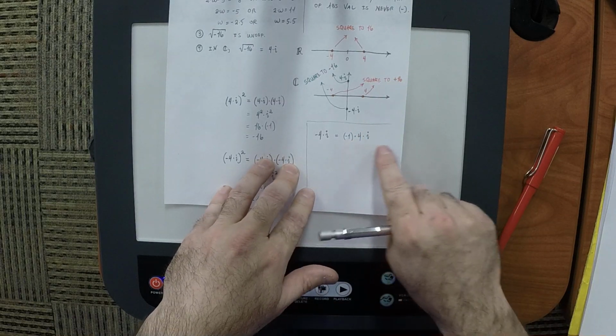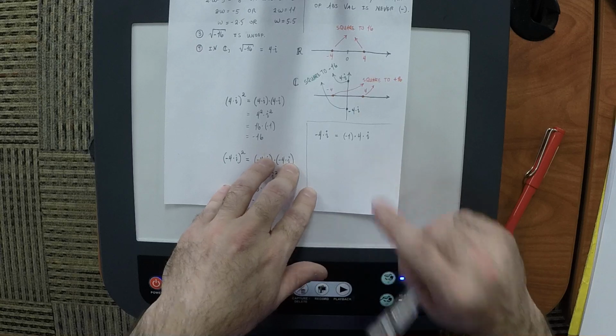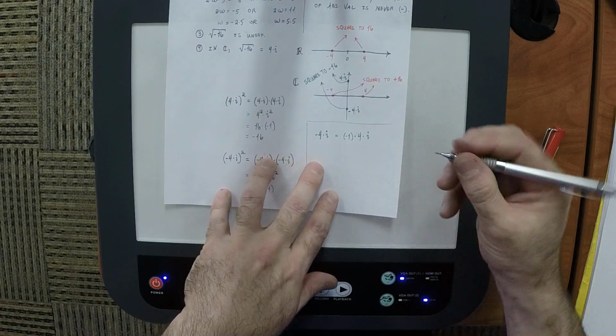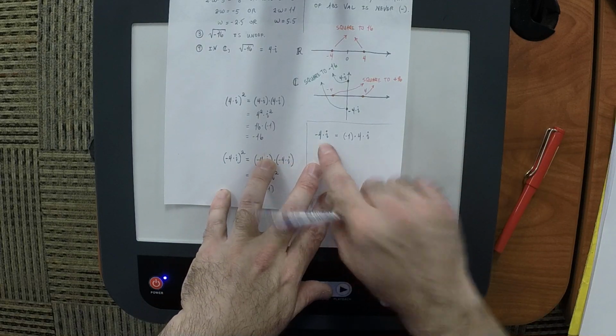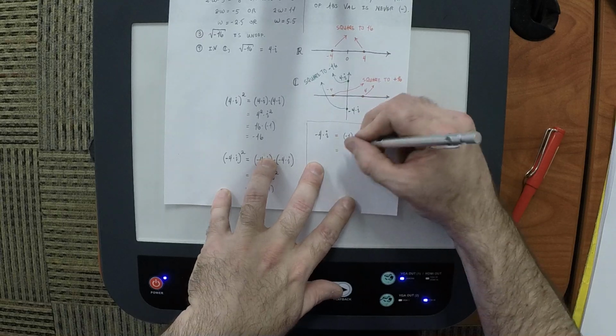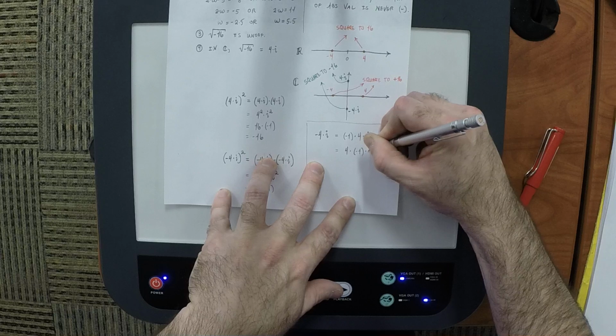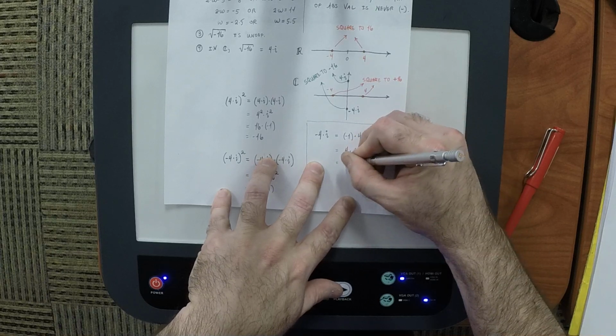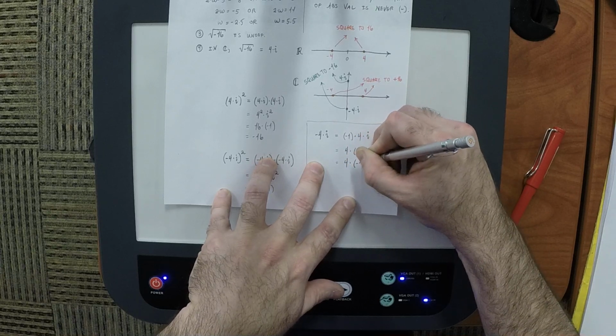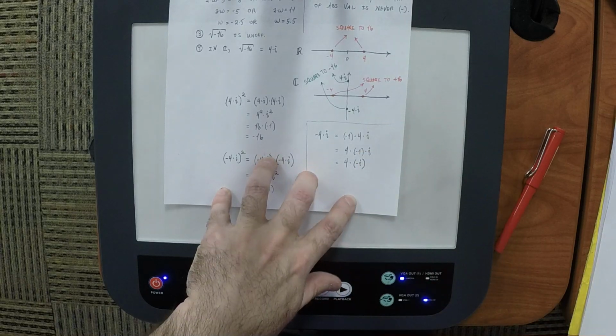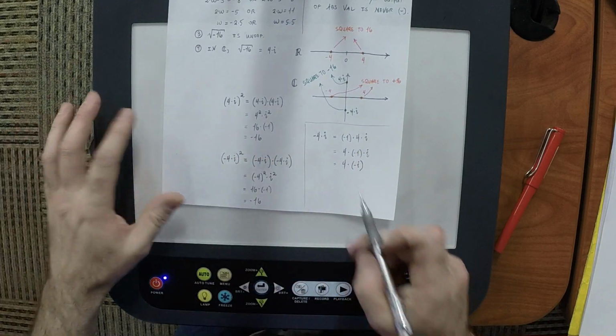Now, you can move the negative 1 into any position that you want, because multiplication commutes. So you could view it like this, or like this, or like this. But in the end, there's just one negative 1.